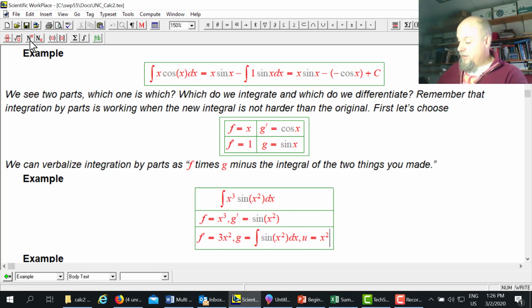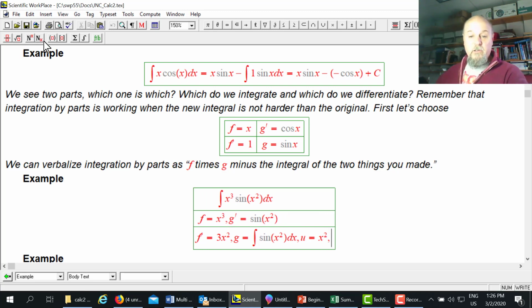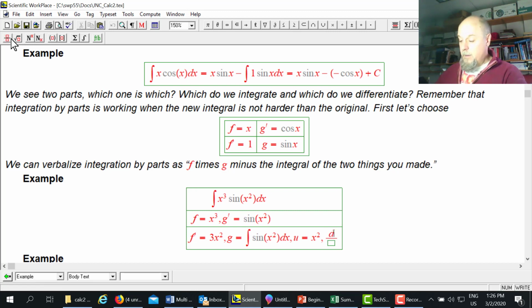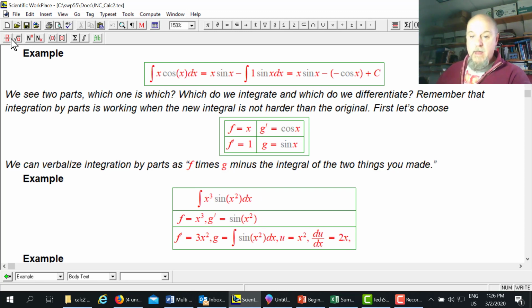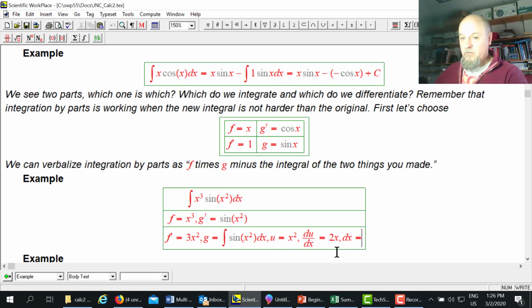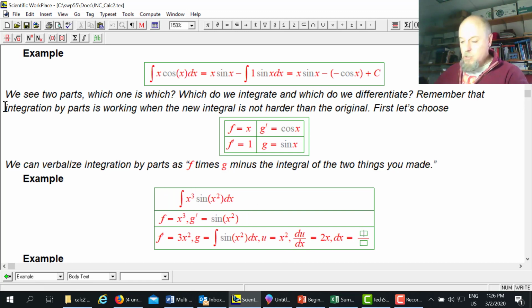Substitution is at least a two-part process, so du dx would be equal to 2x, and I'd solve for dx, which is du divided by 2x.